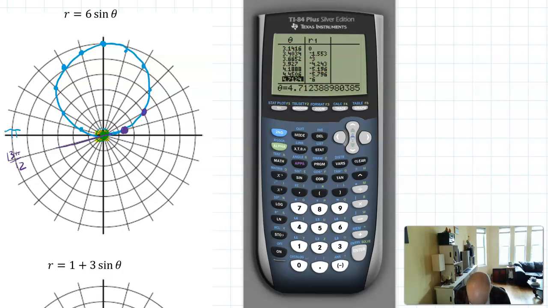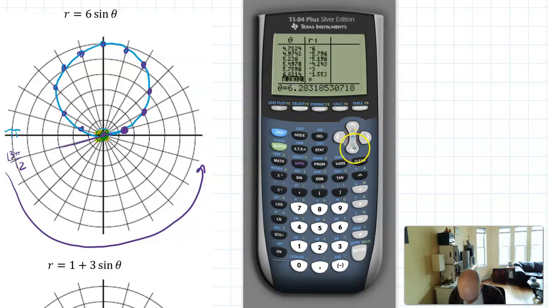And the circle is just going to get traced over again with all of these negative radii all the way around. Just scroll down to confirm that. Look, we're going all the way from 0 to 2 pi. It's the same values, but negative. So even though the angles are down here, the points getting plotted are still up here because we're plotting with negative radii up to 6.28, in which case we're back to 0 and back to where we started.